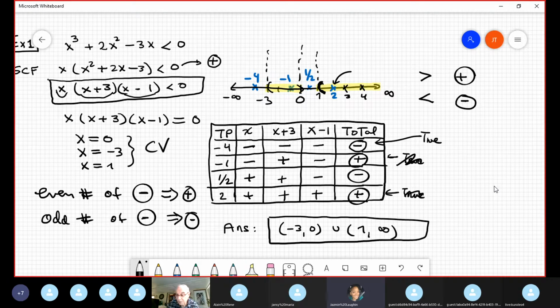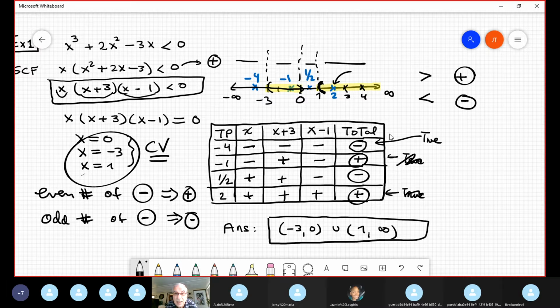Okay. So the procedure is clear. You have critical values. Critical values allow you to partition the entire real number line. In this case we have 3 critical values, so you split the number line into 4 intervals: 1, 2, 3, and 4.